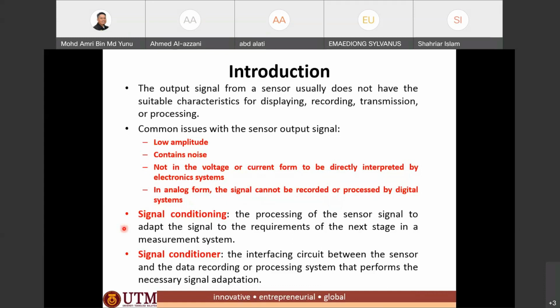And then the signal conditioner is the interfacing circuit between the sensor and the data recording or processing system that performs the necessary signal adaptation, like an analog to digital converter or digital to analog converter. That is one part of the signal conditioner process. So we look into signal conditioning and the signal conditioner.